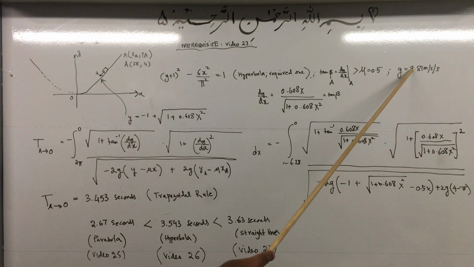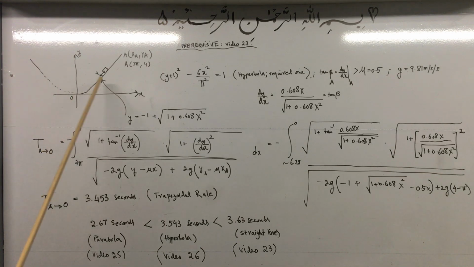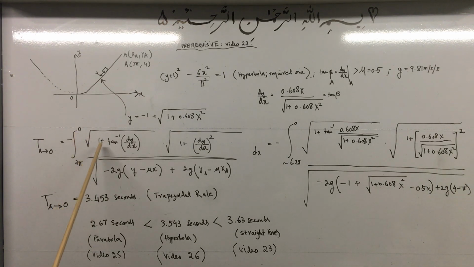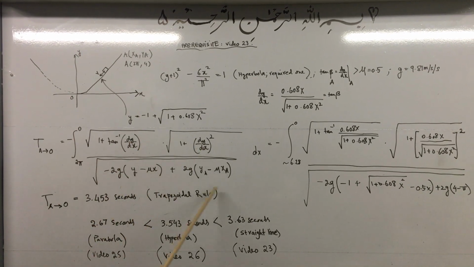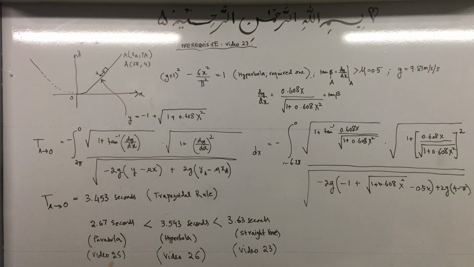Okay, so g is equal to 9.81 meter per second square, the approximate acceleration due to gravity near the surface of the earth. The time taken for the block to slide down from point A to origin, the curve passes through the origin, is given by minus the integral of 2 pi, which is approximately 6.28, from 0 to 2 pi of 1 plus and so on.